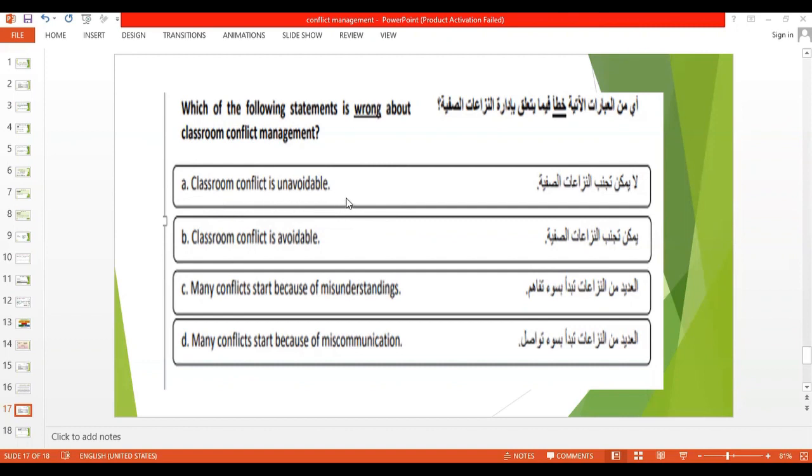It has to be resolved through effective strategies. So this statement is also true. So which statement is wrong? B. Classroom conflict is avoidable is the wrong statement. So the answer for this question is B.